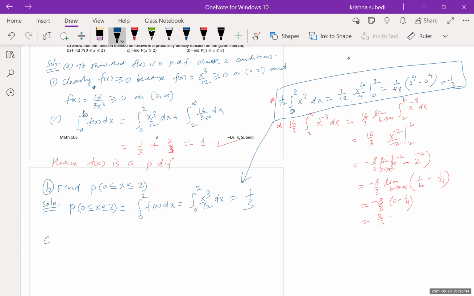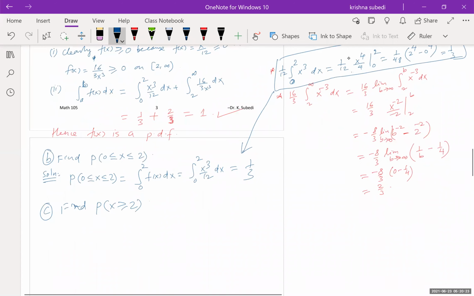Now part C. Find the probability of x greater than or equal to 2. So that means we know that probability is given by the definite integral, which is 2 to infinity. If you want, you can write this way too.